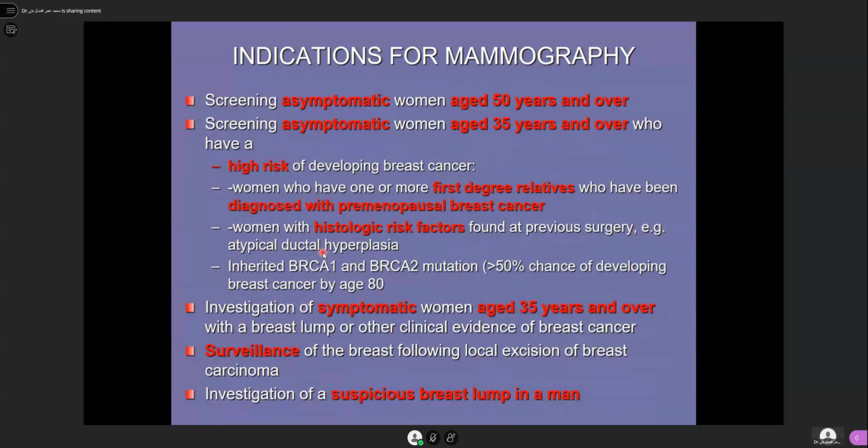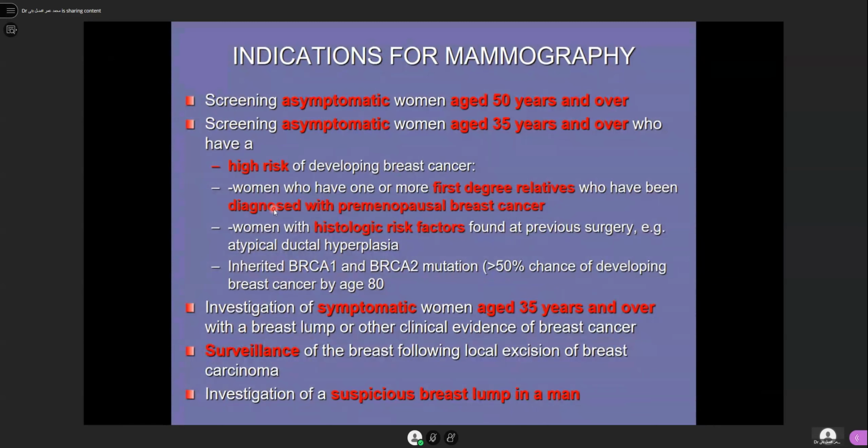For example, on previous surgery, the patient was found to have atypical ductal hyperplasia. Or the patient has an inherited BRCA1 or BRCA2 mutation, with more than 50% chance of developing breast cancer by the age of 80. Okay. So this is all about the screening.